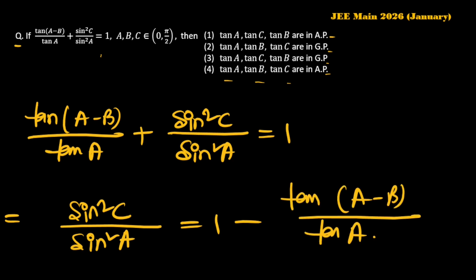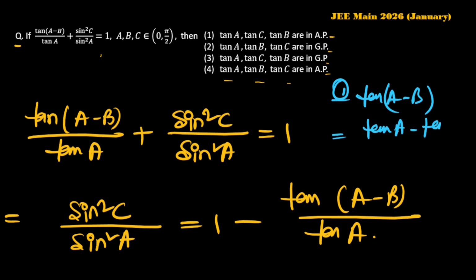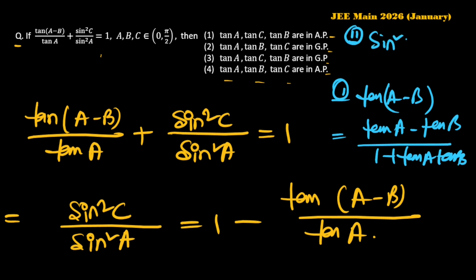Here we use two formulas. The first formula is tan of A minus B, that is tan A minus tan B over 1 plus tan A tan B. The second one is sine square theta in terms of tan form, that is tan square theta over 1 plus tan square theta. Using these two identities here and here, we convert the whole terms into tan form.